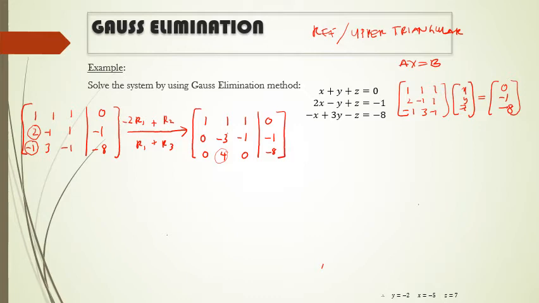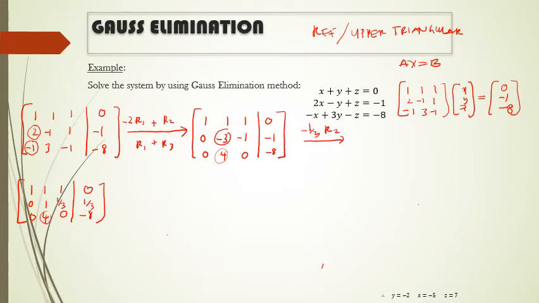So I write it here. We want to make it 1 here, so multiply by negative 1 over 3 of R2. So the rest will remain unchanged. Times negative 1 over 3, this one is 0, 1, 1 over 3. This one is also 1 over 3.